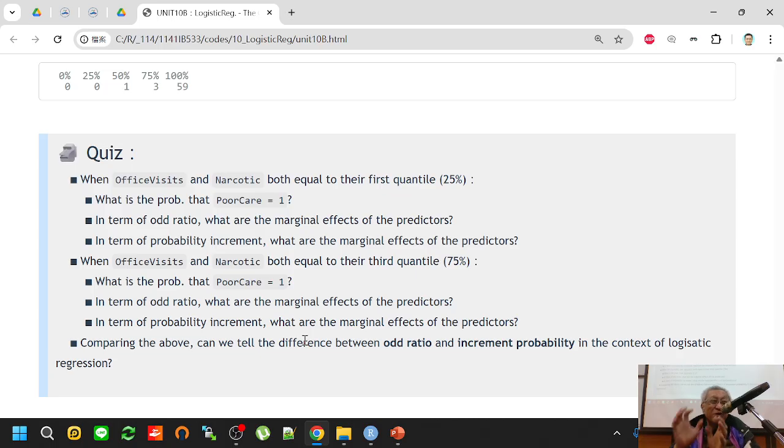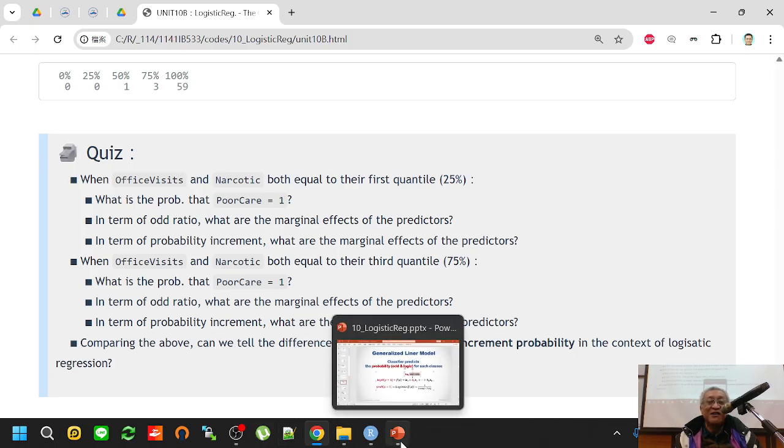As we said last week, the usefulness of a linear equation is that you can infer the marginal effect of x on y.